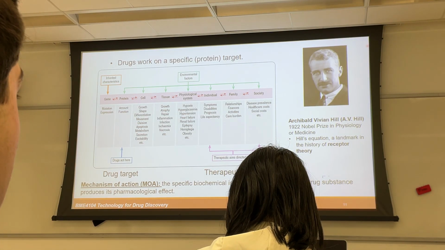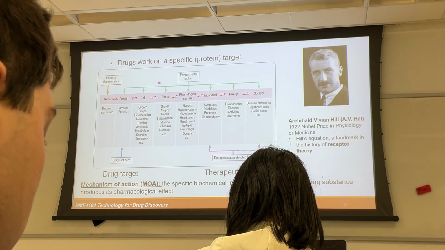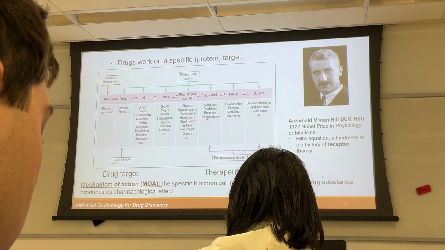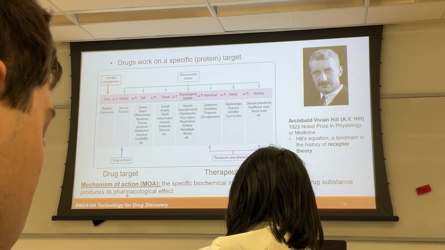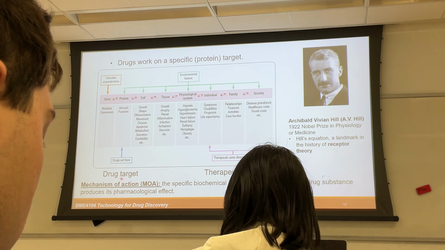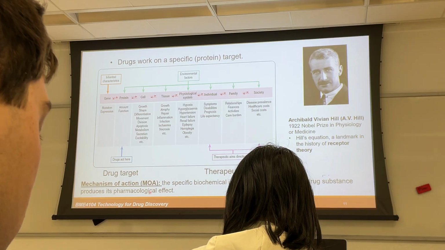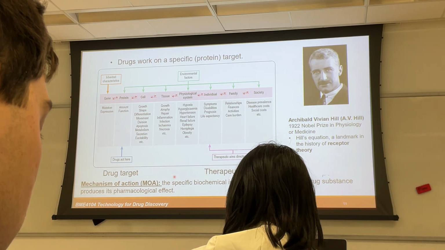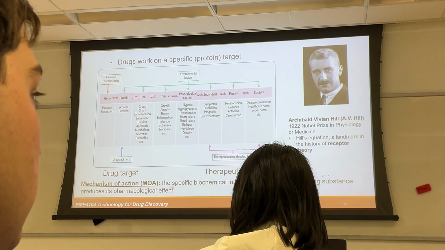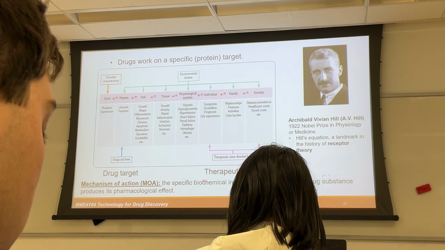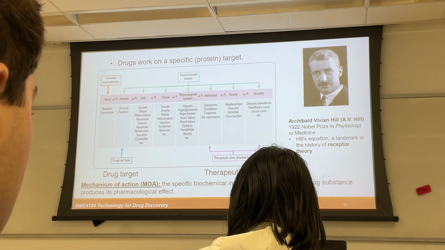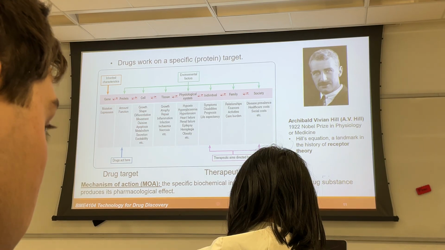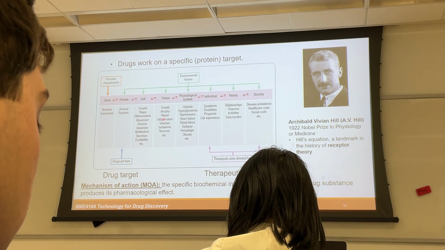All right. So now we understand the drug actually works on a specific target to achieve its goal, and that brings up a very important concept called mechanism of action, MOA. We will use these words a lot during this course, so I want you to really understand what it means. The mechanism of action is the specific biochemical interaction through which a drug substance produces its pharmacological effect.